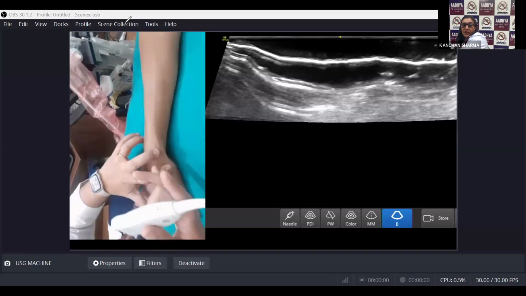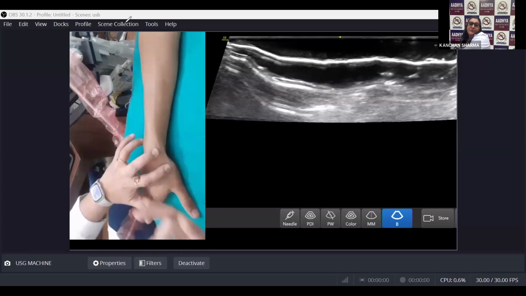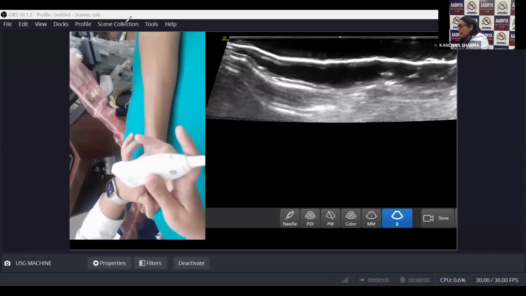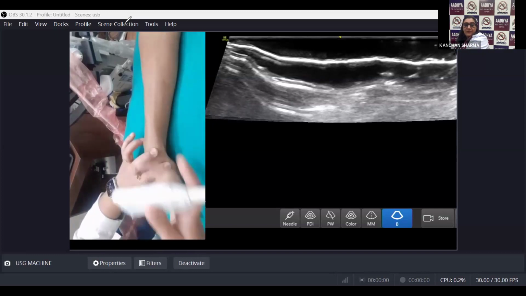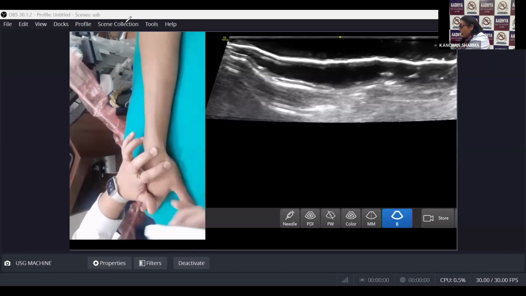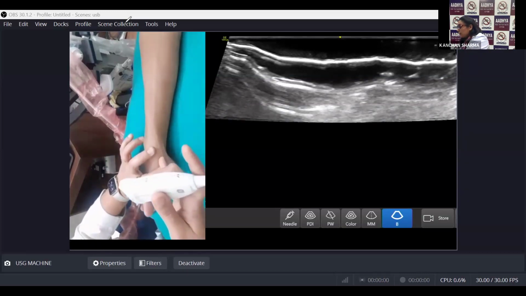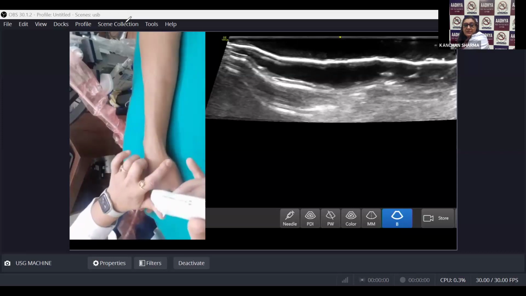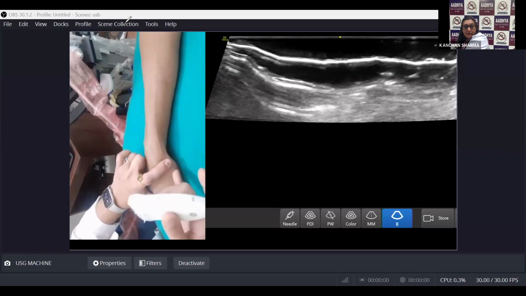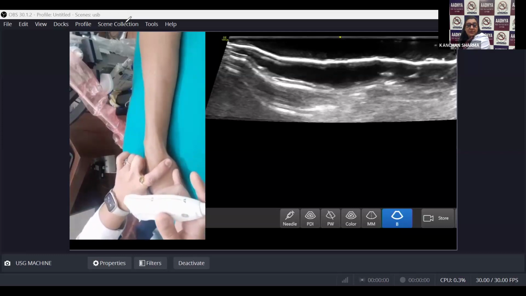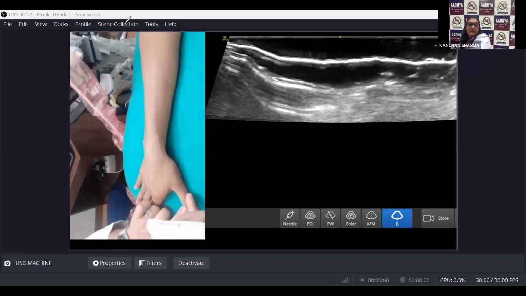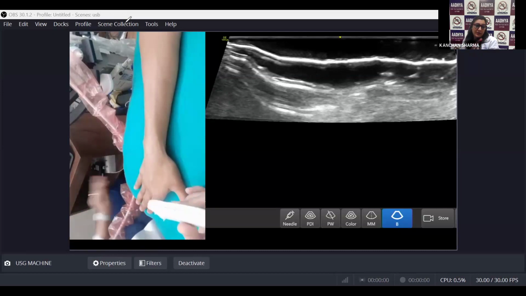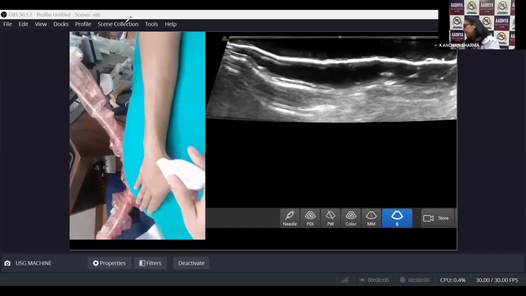Means in this portion I am going to have my scaphoid and my trapezium. If it is a joint between the radius and the scaphoid, this will be my radiocarpal joint. If it is between the scaphoid and the trapezium, this will be my midcarpal joint. If it is between my trapezium and the metacarpal, this will be my carpo-metacarpal joint. And from the metacarpal, if I go up, that will be my metacarpophalangeal joint. This should be there in your mind.